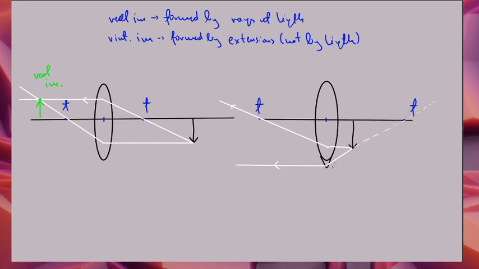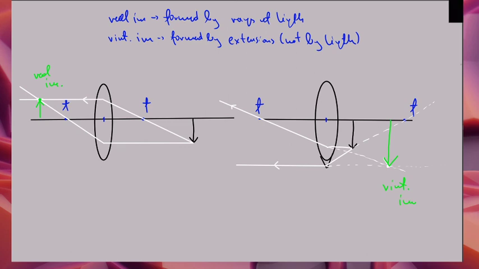Now what you do is you extend these, and wherever they cross is where you would have the image being formed, so the image would be like this. Change the color, here's the image, and this would be a virtual image. Virtual image because there's really nothing here. It's just a trick.